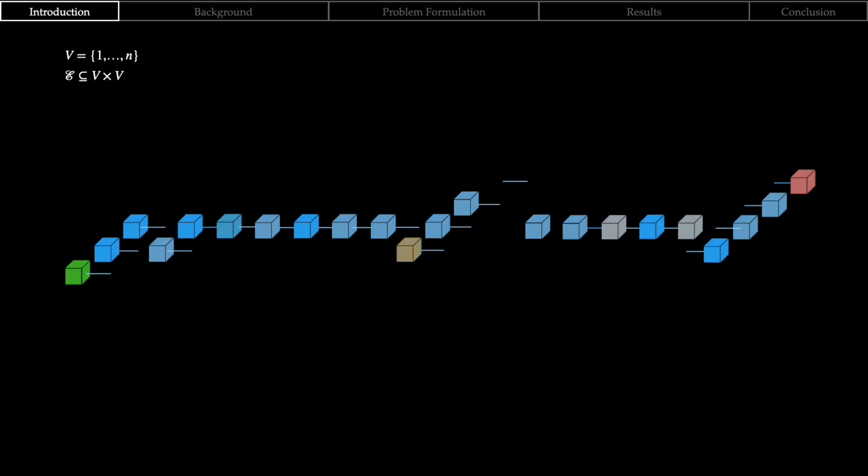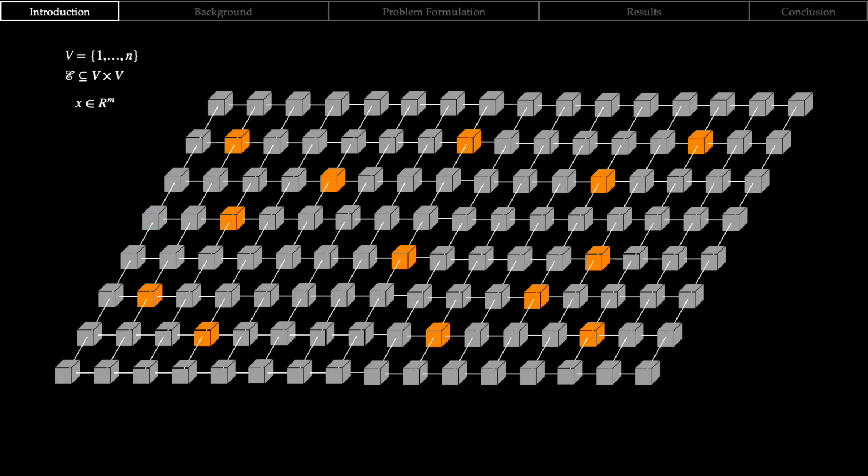One other variation that we can have here is that in some cases we might not be interested in making predictions at every single node in the environment, but only at a subset of nodes. So here the orange nodes are representing this vector x in R^m, which are the actual nodes that we're interested in making predictions at. So this is the subset of the environment. Why would this be useful?